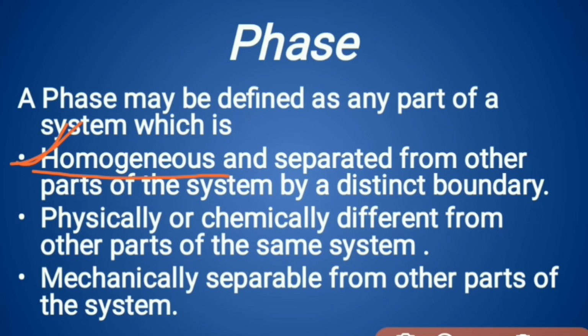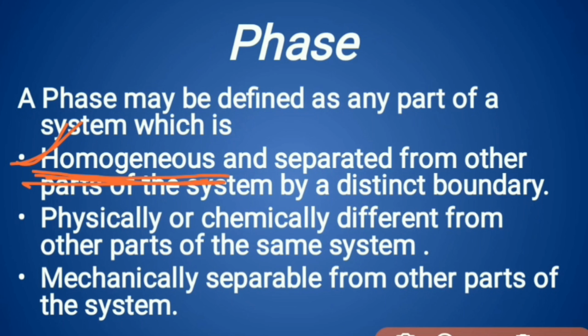A phase may be defined as any part of the system. It is homogeneous. Why? Because we are talking about one particular part of the system, and one part will have one phase, and that is why that one particular part is homogeneous. So a phase is any part of the system which is homogeneous and separated from other parts of the system by a distinct boundary.